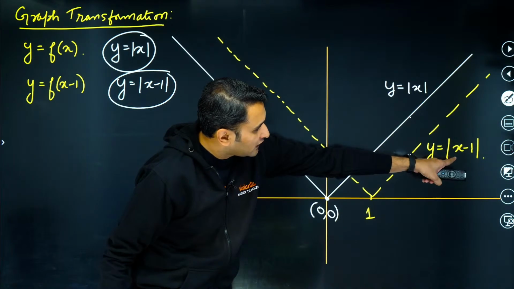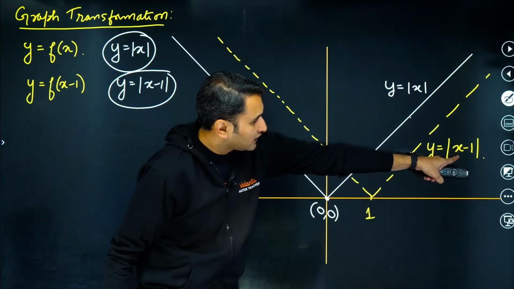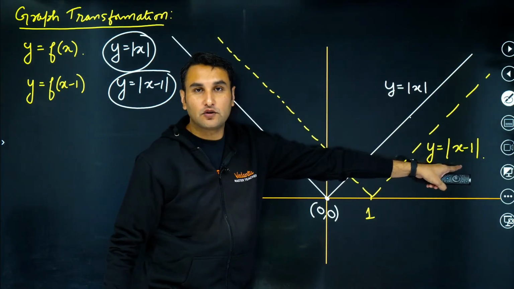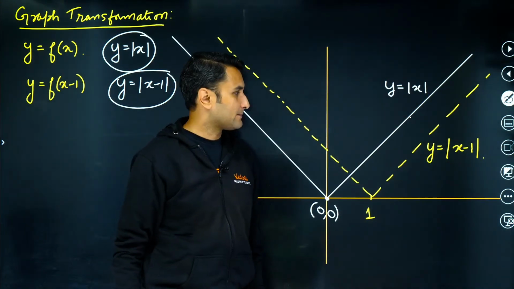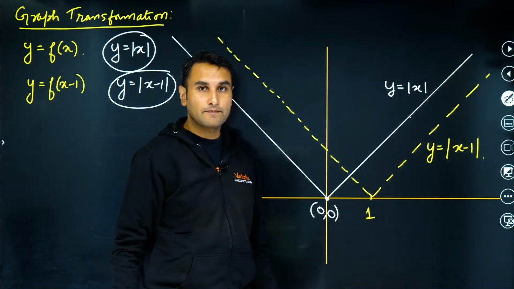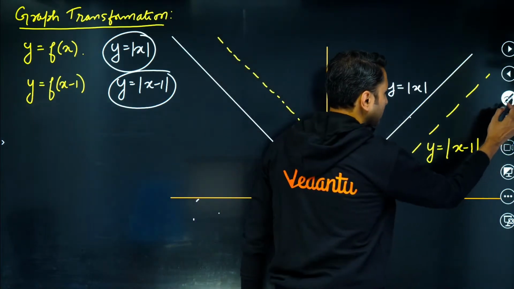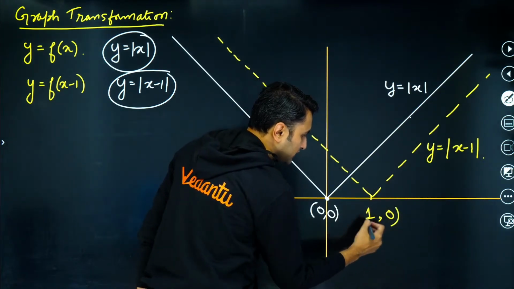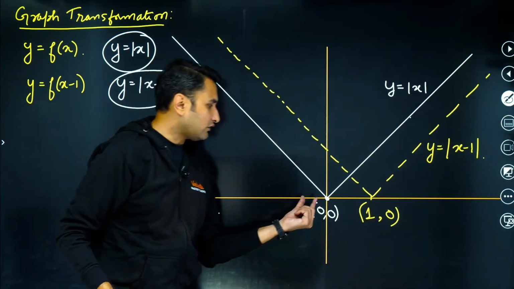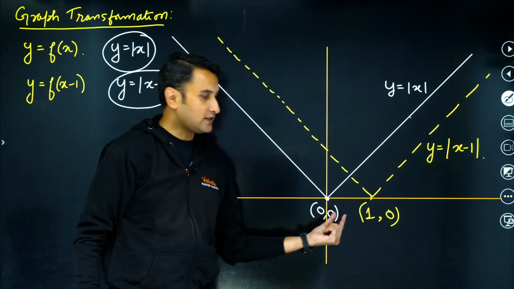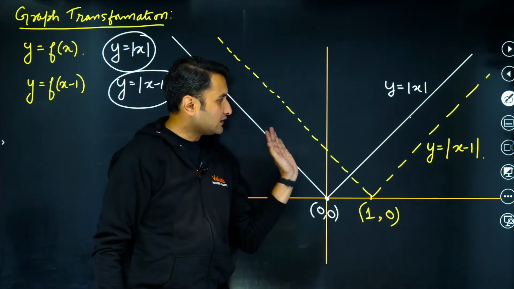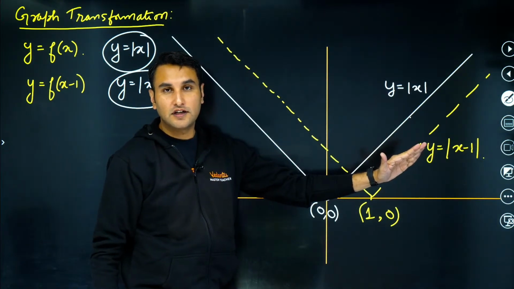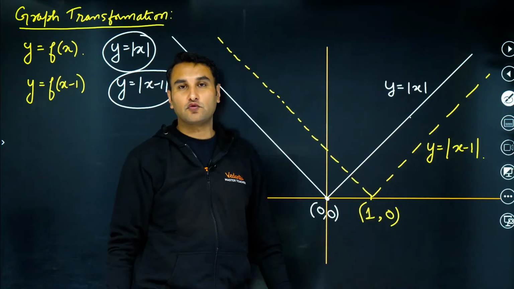But what should be the value of x here to make y 0? 1. Yes, correct. So in this particular case, when x is 1, then y is 0. So do you realize whatever was happening at origin is now happening at 1, 0, and similarly for all other points. So this graph has shifted towards the right hand side.